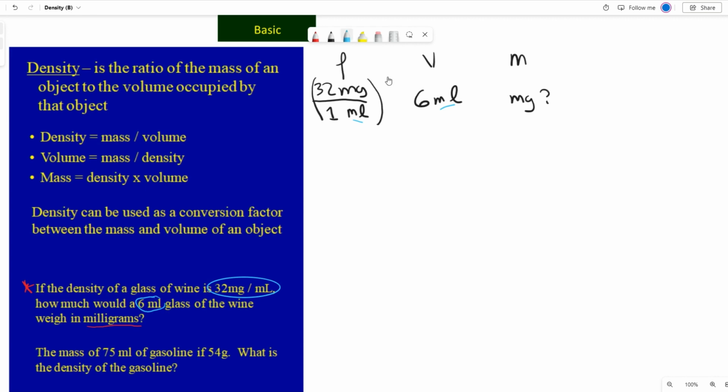The formula says that if we're solving for mass, we would take the density and multiply it by the volume. Well, let's see if that's what we end up doing.